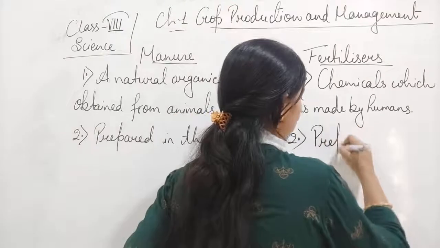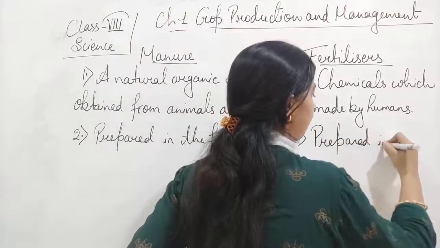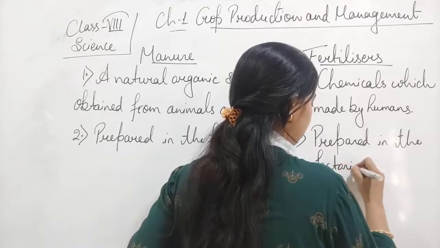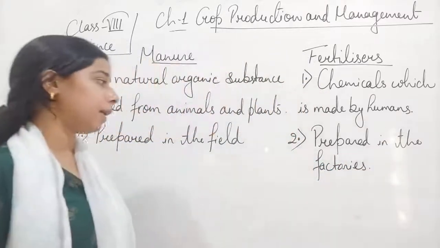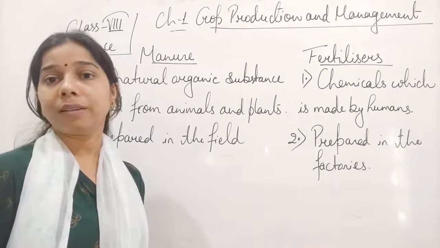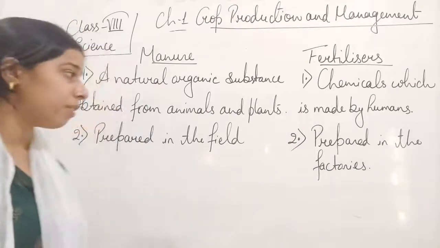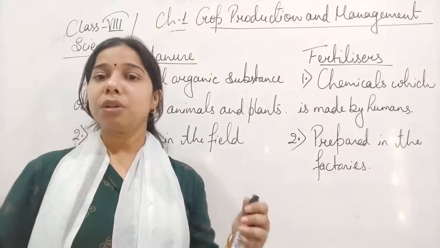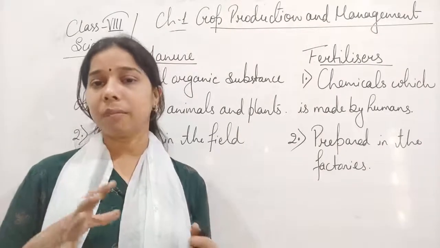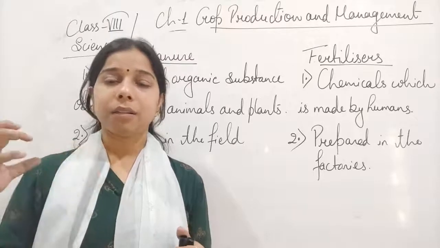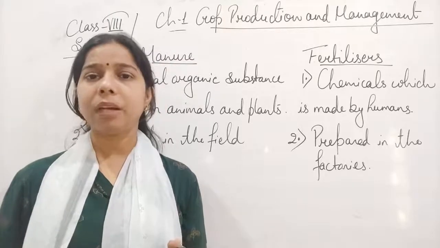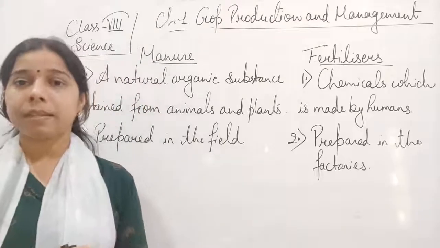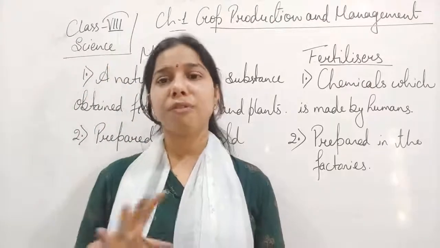So one is prepared in the field and another one is prepared in the factories. Obviously, this is how farmers make it. The farmers collect all the dead plant and animal waste, and dump it in a pit, in an open place, and leave it undisturbed for a few days.